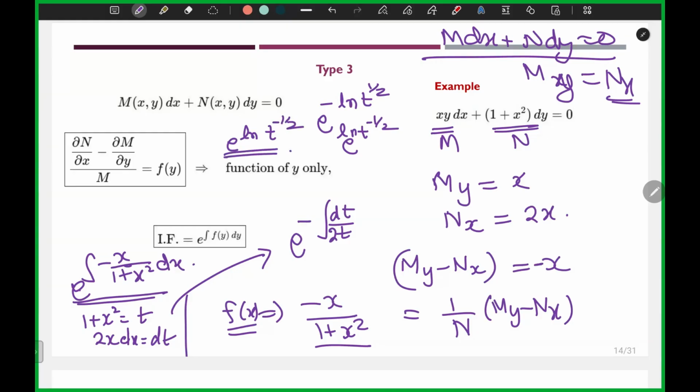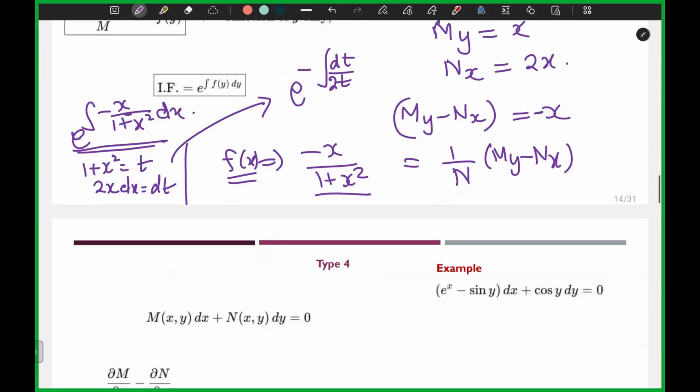So you can directly write this as t to the power minus half, that is 1 by root over 1 plus x square. This is the integrating factor for this example.